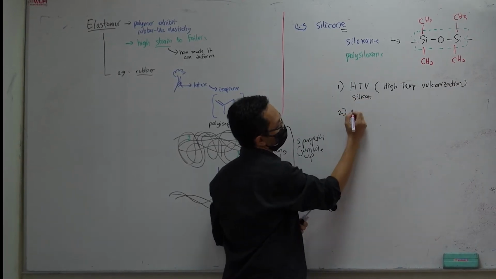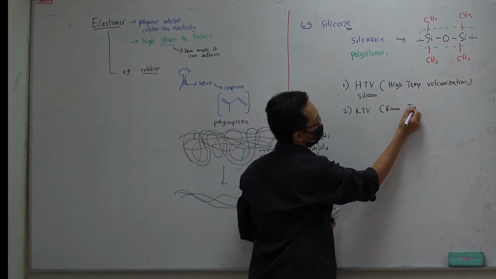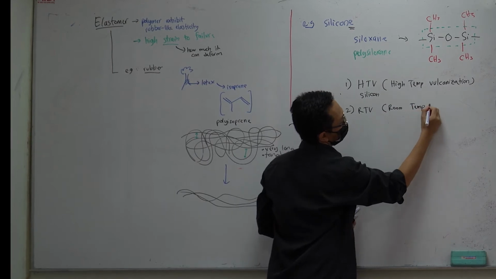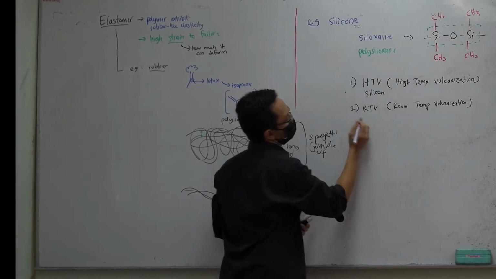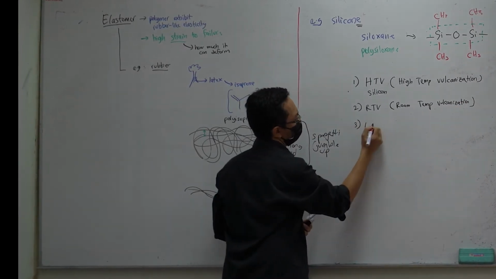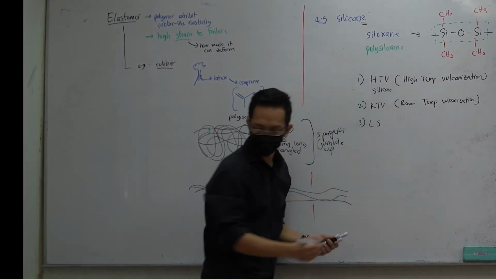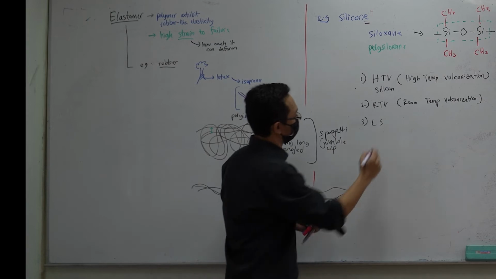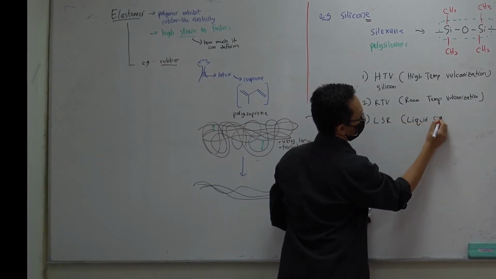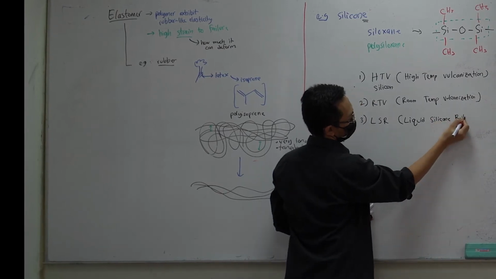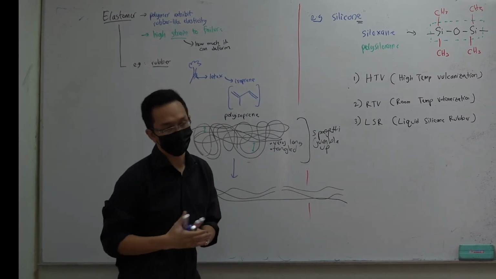And then you have RTV, which is room temperature vulcanization. And then you have LSR, liquid silicone rubber. Okay, so you have this HTV, RTV, and LSR.